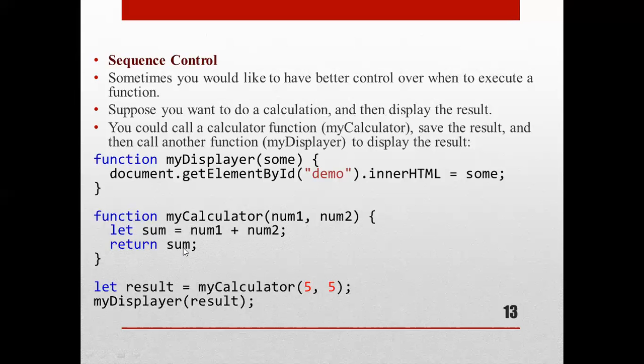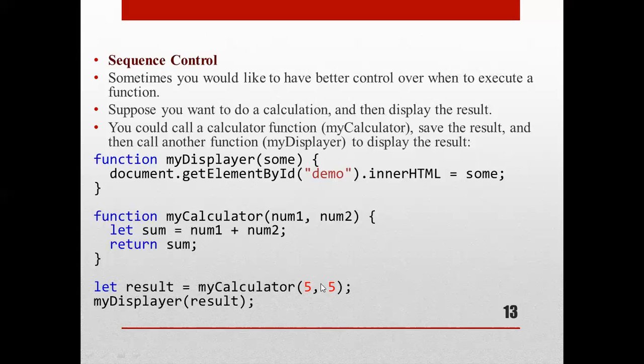Now we call the other function to display the result: let result equals myCalculator(5, 5). Here we pass the values to the myCalculator function, and then we call the myDisplayer function to display the result.